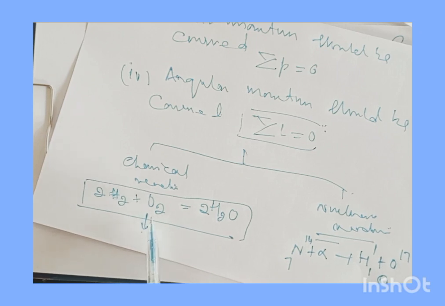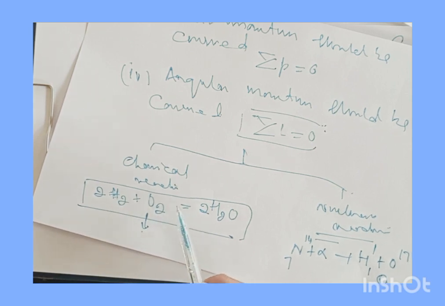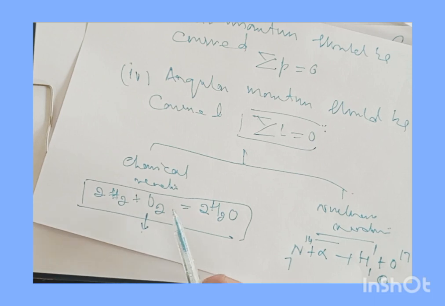It has to be balanced. If the number of atoms of the element before and after the reaction are equal, then in this case, it is essential that the atoms involved as reactants, their number should be the same as that of atoms involved in the products.